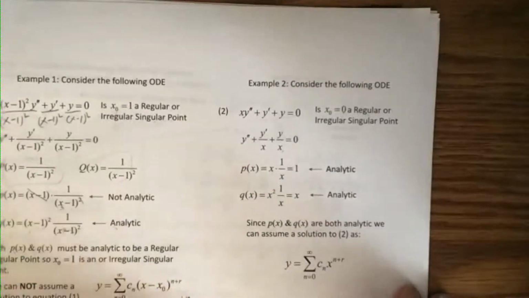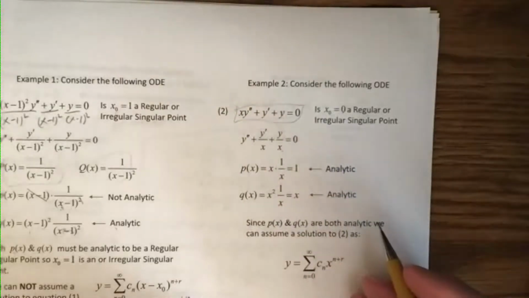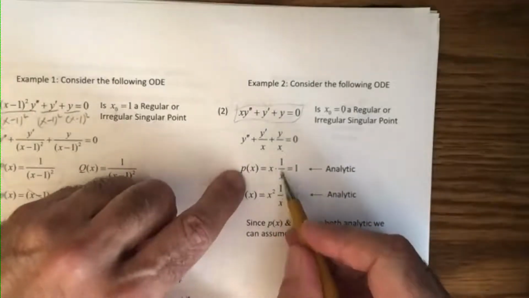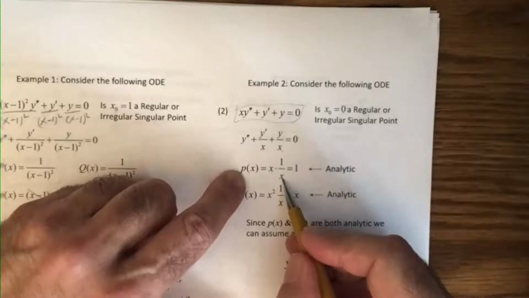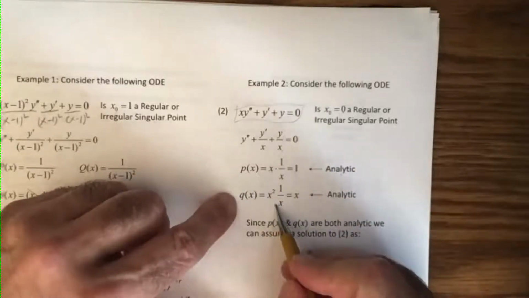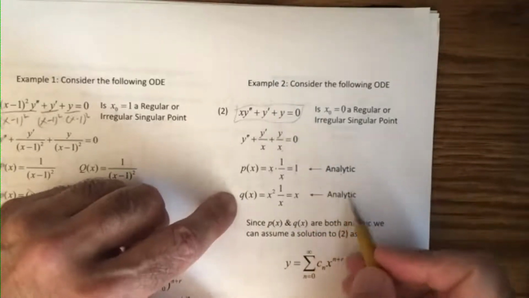So now for this differential equation, this is analytic. If I multiply this by x, I get x times 1 over x is 1, so that's analytic. When I multiply this by x squared, I'm getting x. X is also analytic. I'm not dividing by 0.